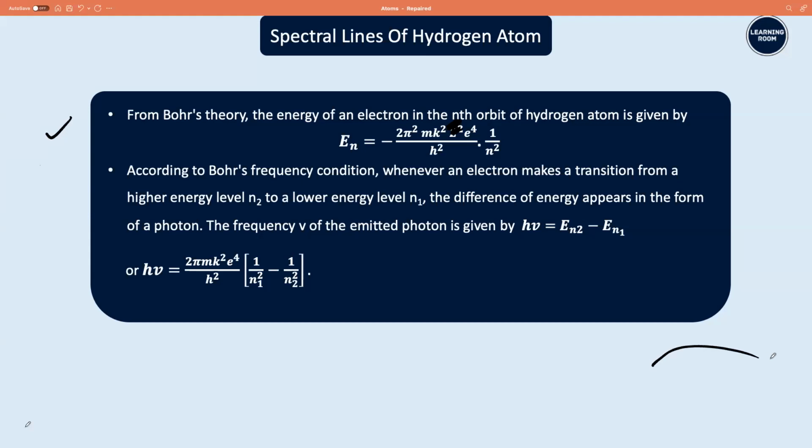Suppose this is the higher orbit, and the electron jumps to a lower orbit, this is 2, this is 1. E2 minus E1 will be equal to h nu.